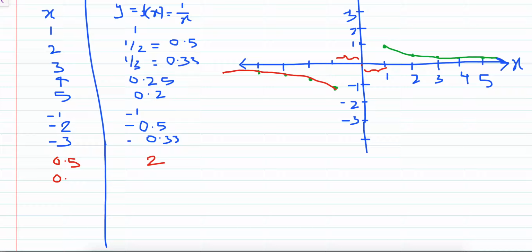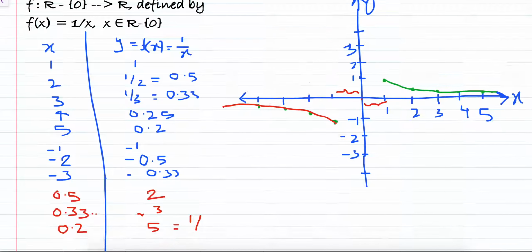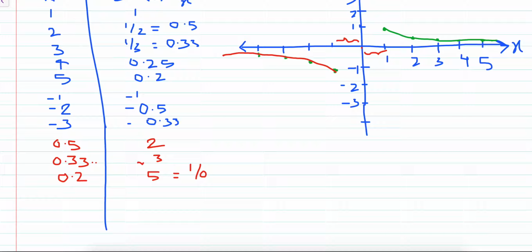If it's 0.33, then it's nearly 3. If it's 0.2, then it's 5. That is, it's coming from 1 over x, so 1 over 0.2 is 5.